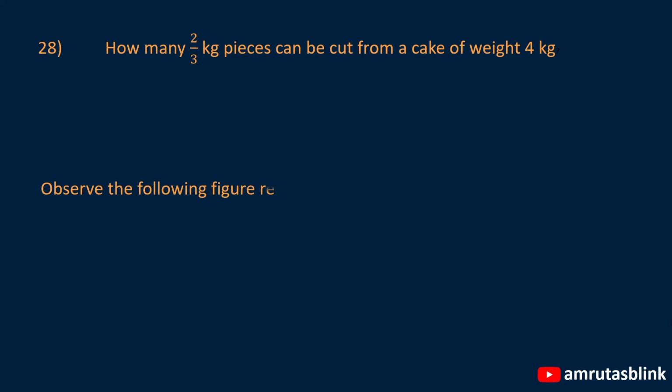So we need to divide this 4 kg cake into pieces whose weight will be 2/3 kg, and find out how many pieces there will be. So we need to divide 4 by 2/3, as we are dividing a whole by a part. So 4 divided by 2/3 is equal to 4 into 3 upon 2.